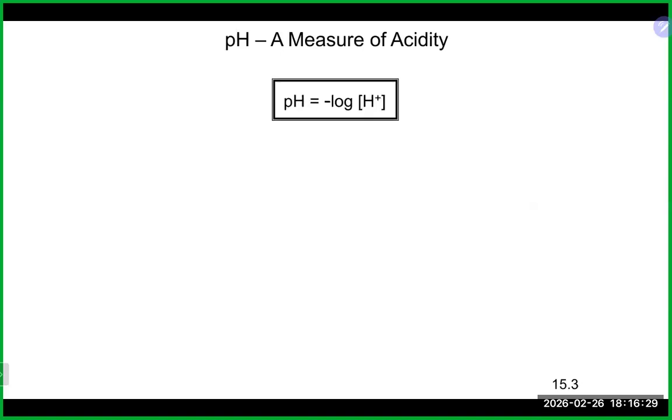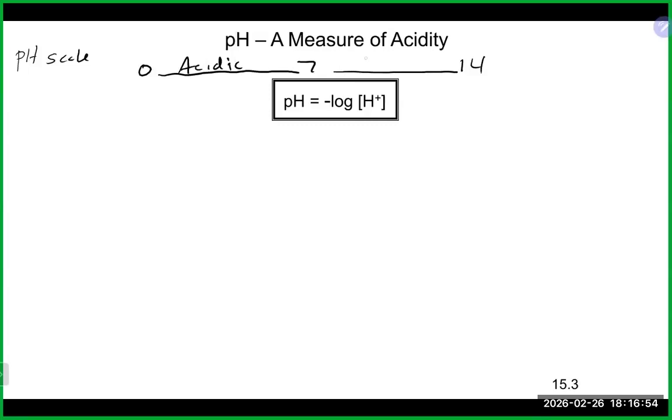All right, then the next thing we're going to talk about is pH and the pH scale. The pH scale runs from 0 to 7 to 14. So a little 0 to 7 to 14 action. Below 7 is acidic.